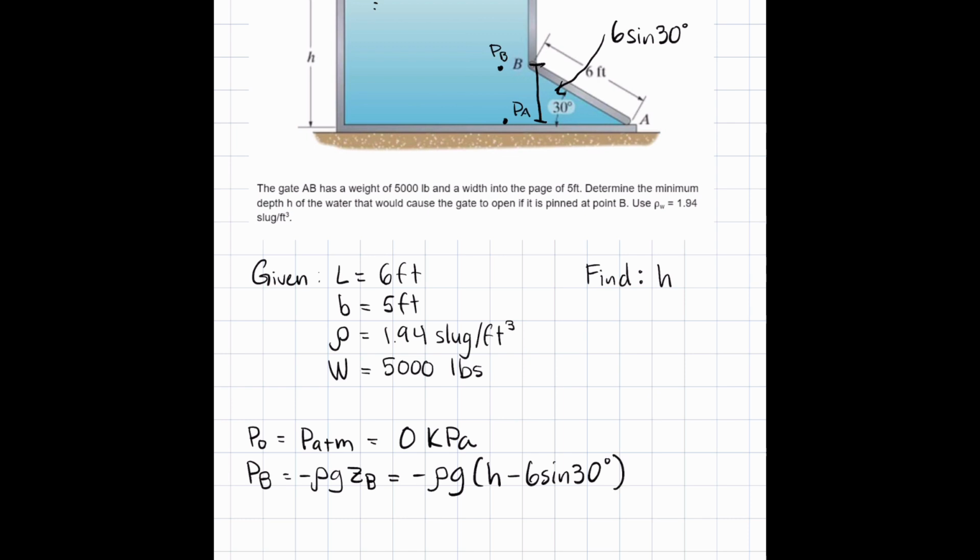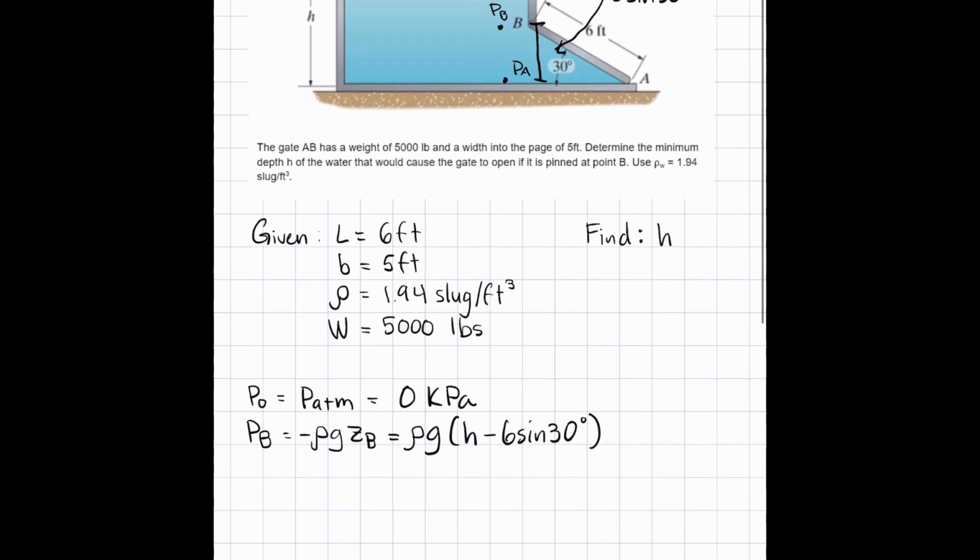Technically this should actually be a whole negative term because our z direction is in the opposite direction. It's going upwards. So we're going to go ahead and remove the negative sign from the front of the equation and simplify it down to rho g (h minus 6 sine 30). And that's going to be our equation for the pressure at B.